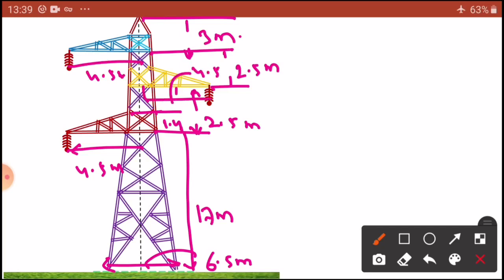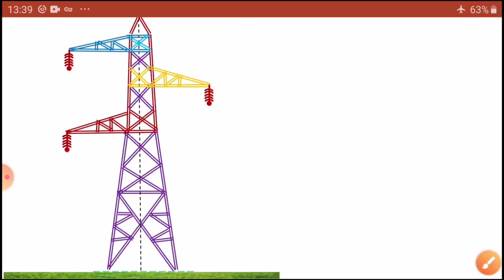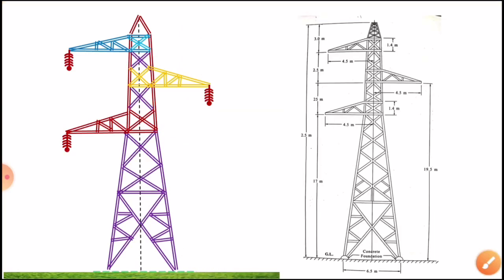This is enough. So draw it. After drawing this one, it should be in the form of this, like this. So this is a 220 kV single circuit.